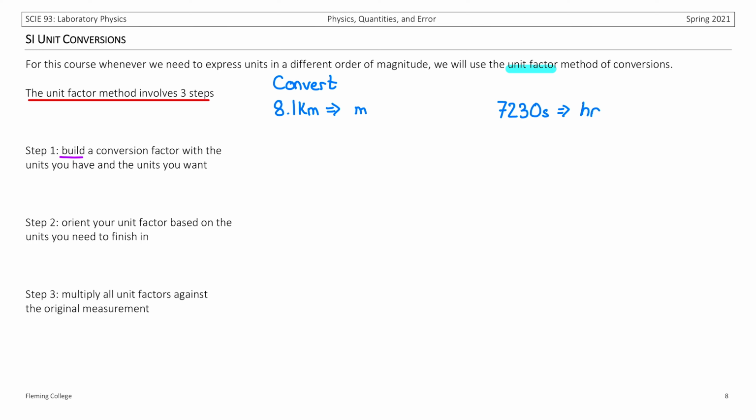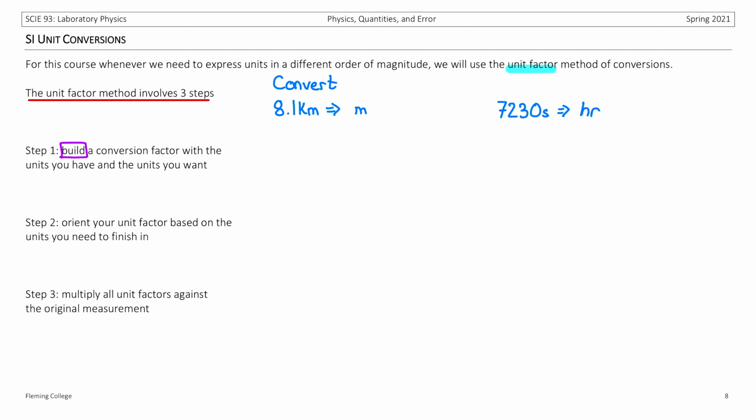Our first step in the unit factor method is to build a conversion factor with the units we have and the units we want. Now, you guys are going to have a conversion sheet with some of the most common unit factors or conversion factors already there. So you'll just go to the sheet and you'll pull out that information.